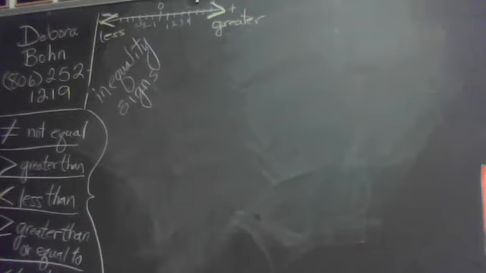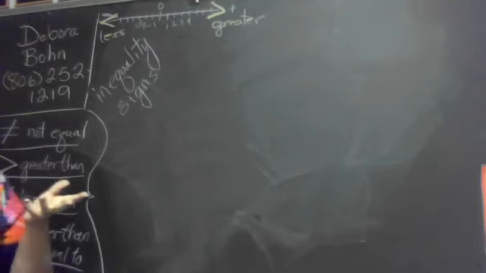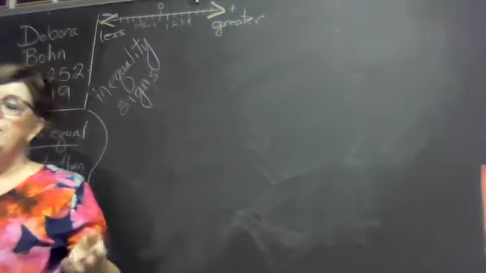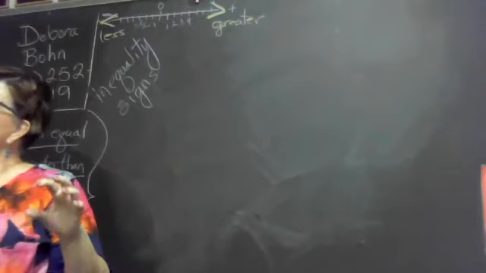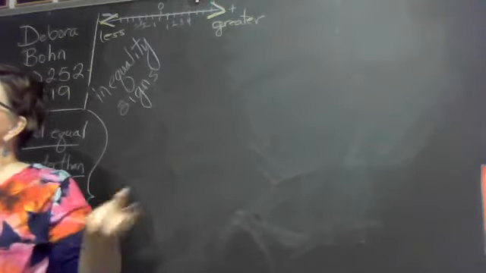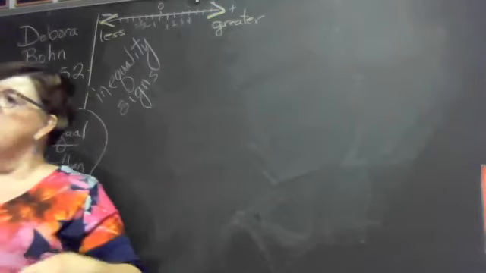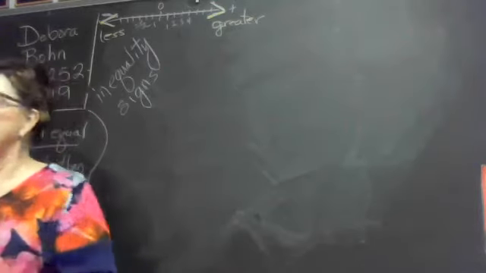Less than is the arrow that points to the less. This one is the greater. It's a little bit more difficult now to use the alligator mouth, because when you used the alligator mouth in elementary and in junior high, you were only comparing this number with this number. But now you have to use it in word problems and in an equation or an inequality.